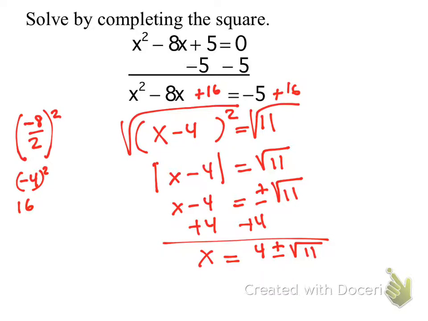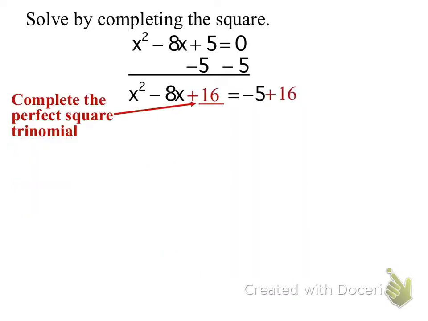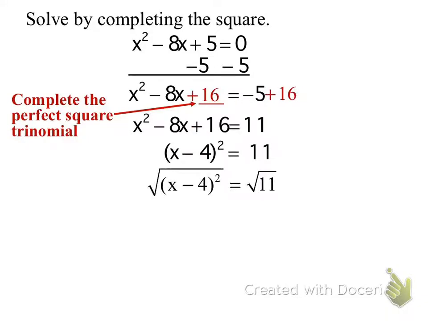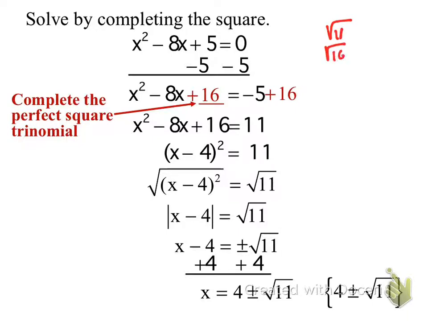You can estimate, but you're not going to because you're more likely to make a mistake, unless they ask you to. And there will be times they ask you to. So if that is two solutions, 4 plus or minus the square root of 11, which is between the square root of 9 and the square root of 16, so it's about 3.3.